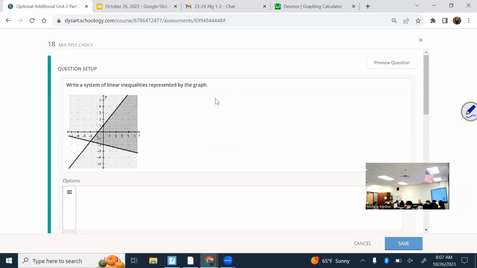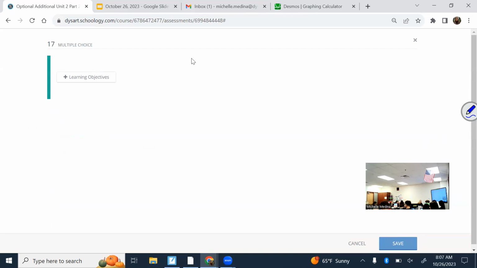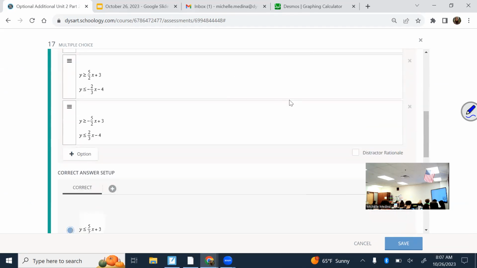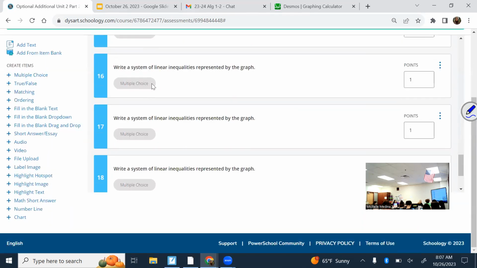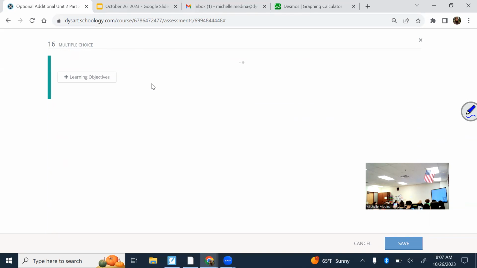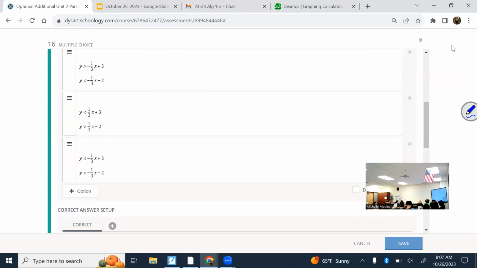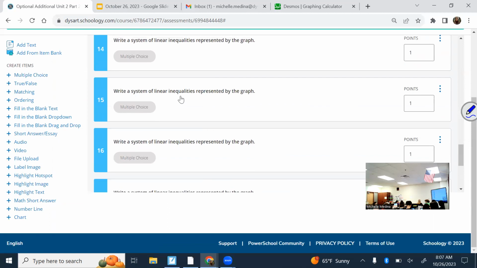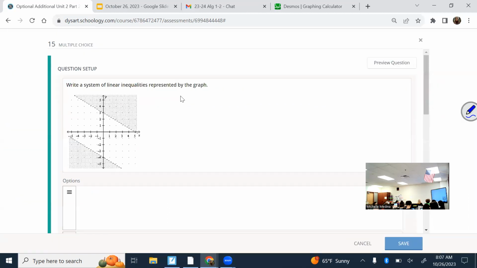Are the problems that I'm pulling up similar to the ones you have? Because I feel like they're not. So what number is it on the optional one?